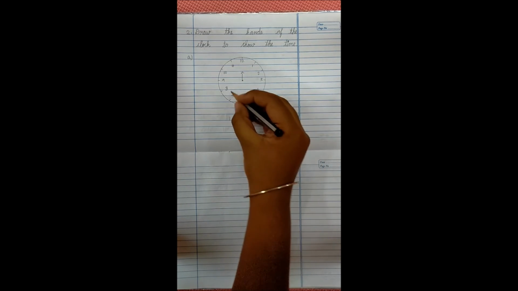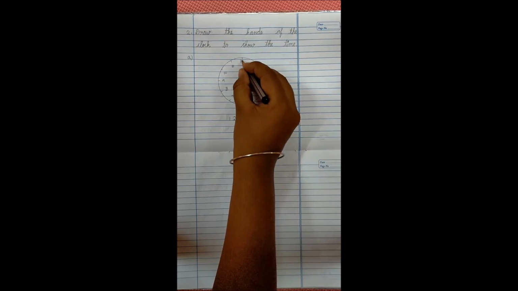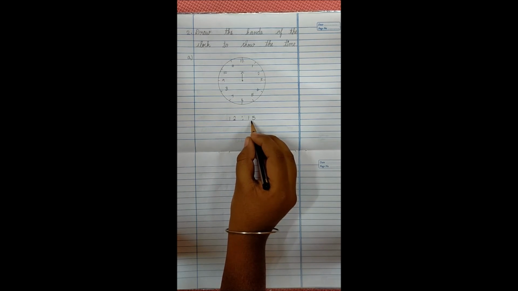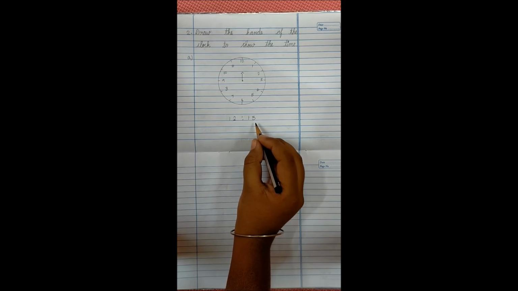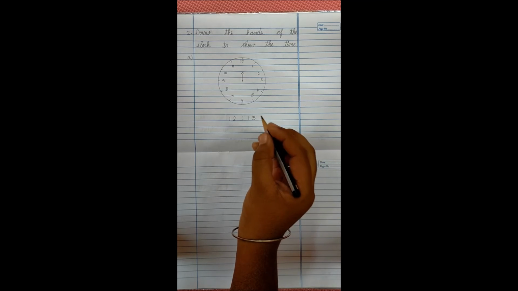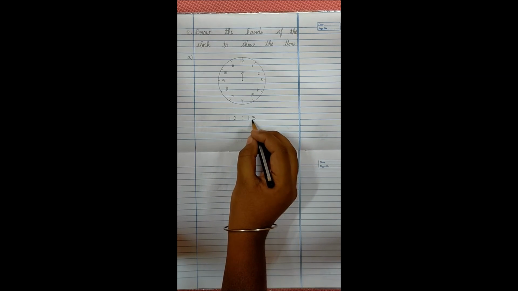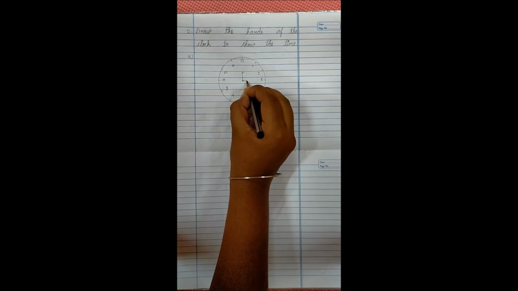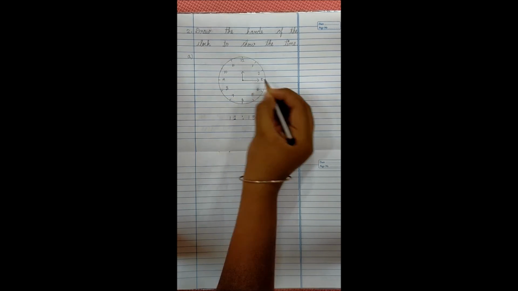See here, I have drawn a short hand towards 12. And see the minutes, 15 minutes. For representing minutes, we will draw a long hand. So, for 15 minutes, we have to draw a line towards 3, right? So I am going to draw a long hand towards 3.